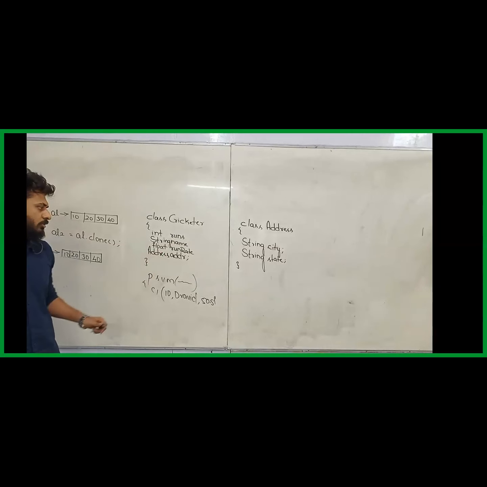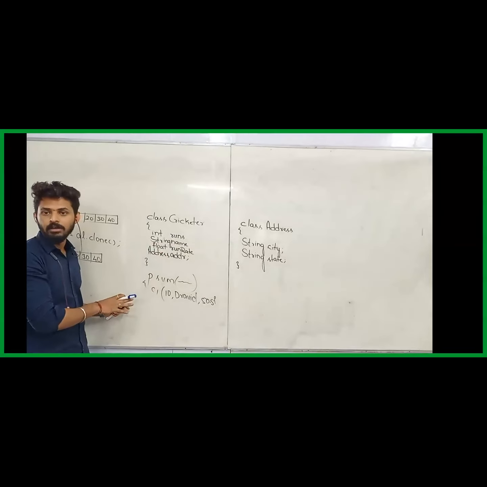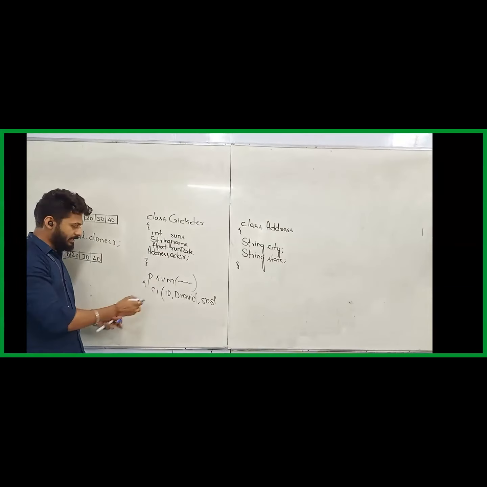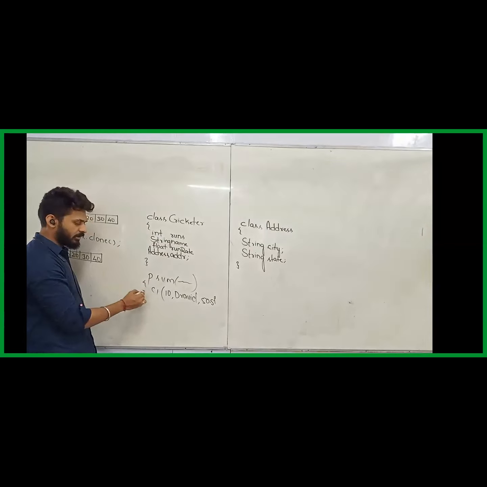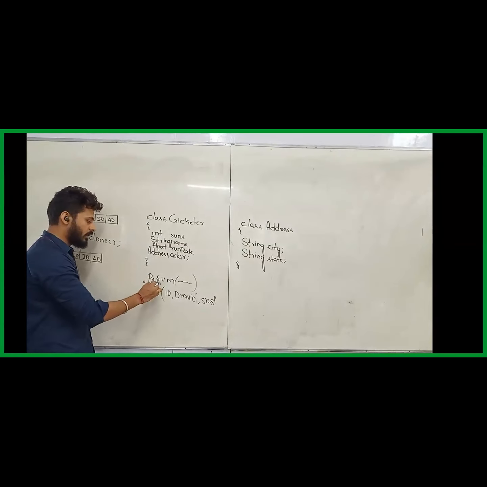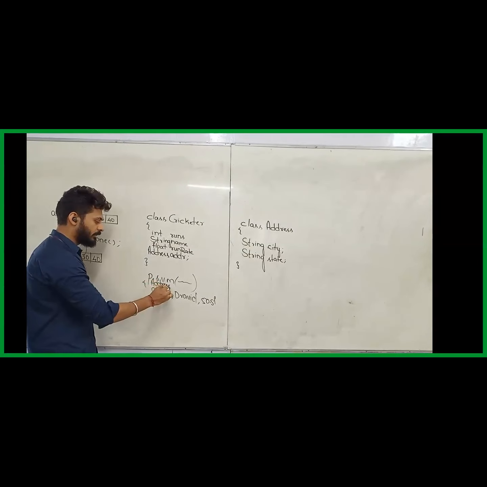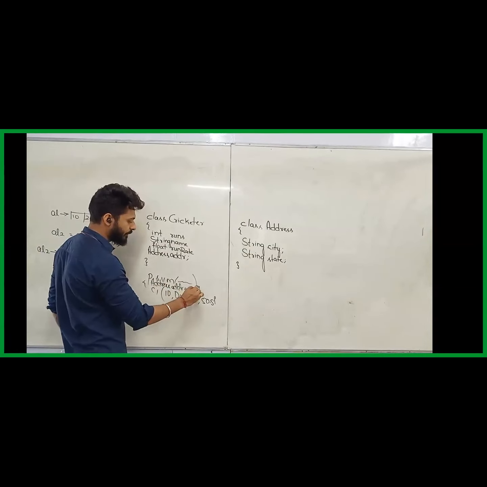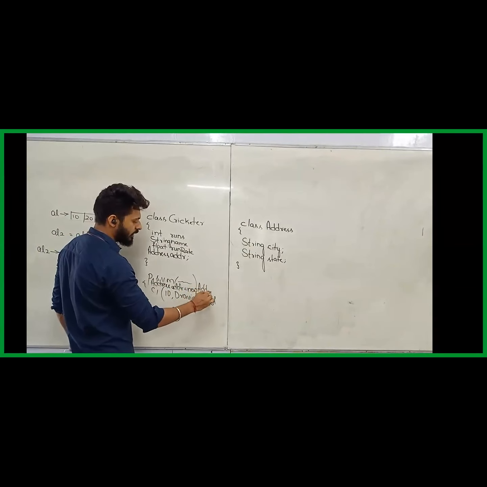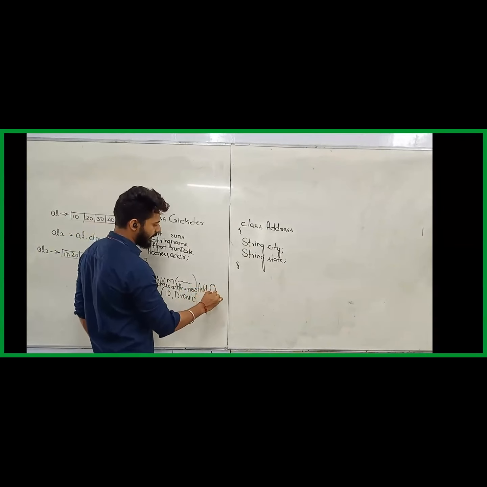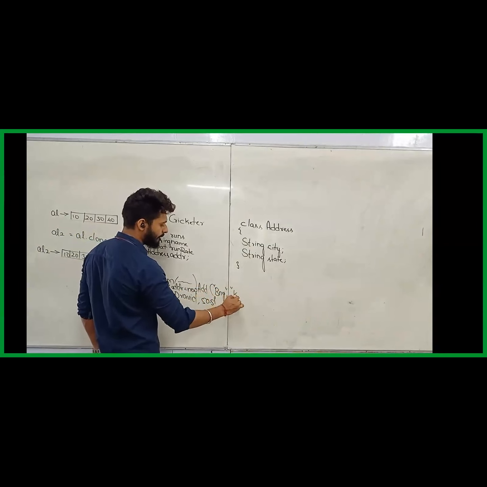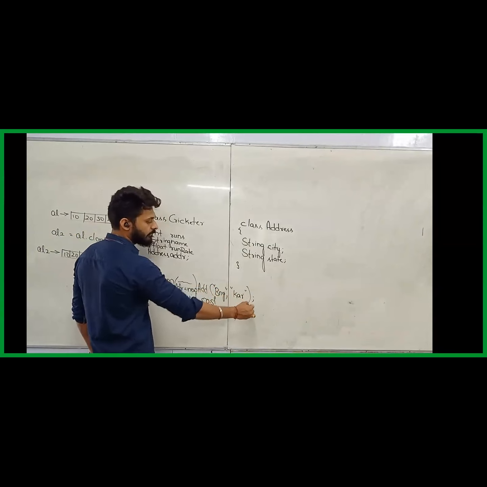So now, how can we create this one? Now you assume that these are the details that I have. How can I create a copy of it? Getting my point? In the next statement here, Cricketer type C1 equal to new Cricketer, and before that I'll also create the Address type addr equals new Address, and then I'll pass city as BNG and state as Karnataka.